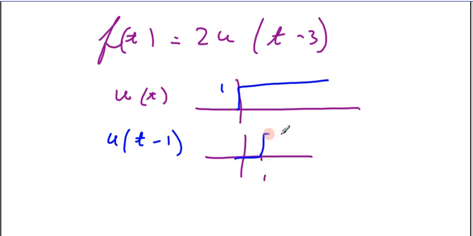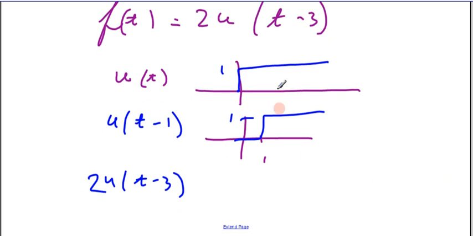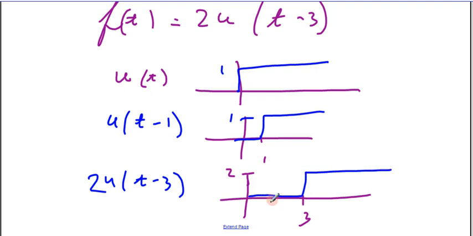It goes boom, up to 1. u of t minus 3, 2u of t minus 3, would come out to 3, go up to 2, and boom, do that. And with that, we are done with section 7.1. Okay, thank you.